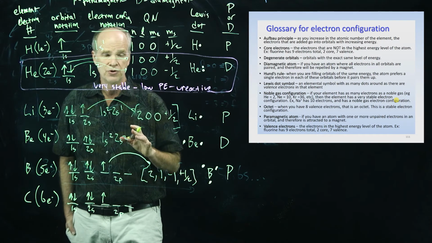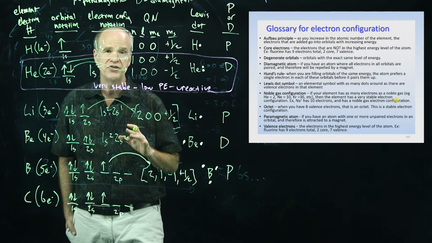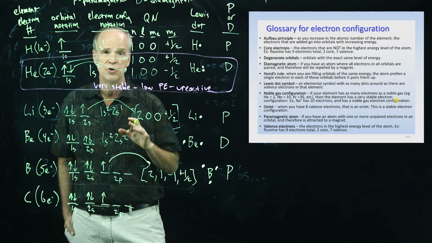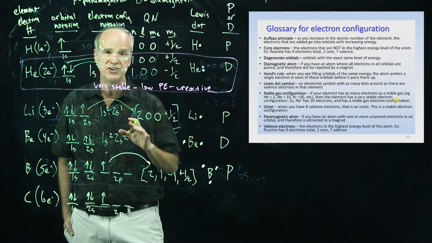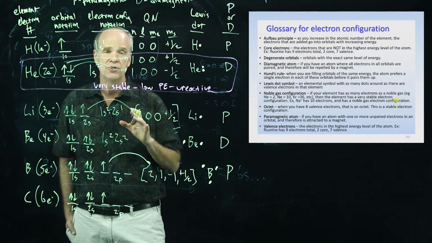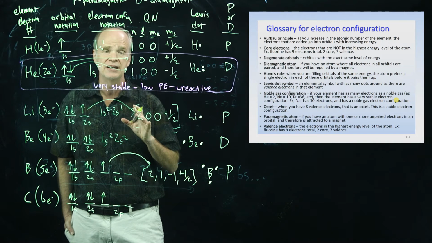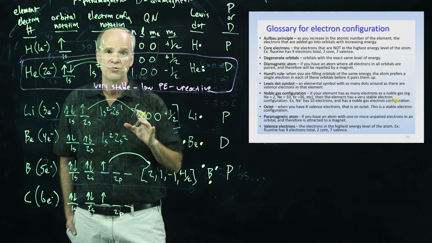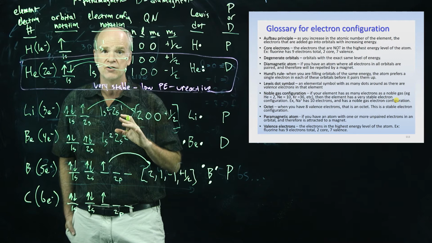Well, there's a rule called Hund's rule, which says that if you have multiple orbitals that are degenerate, meaning they have exactly the same energy, you put 1 electron in each orbital before you put a pair in 1 orbital.